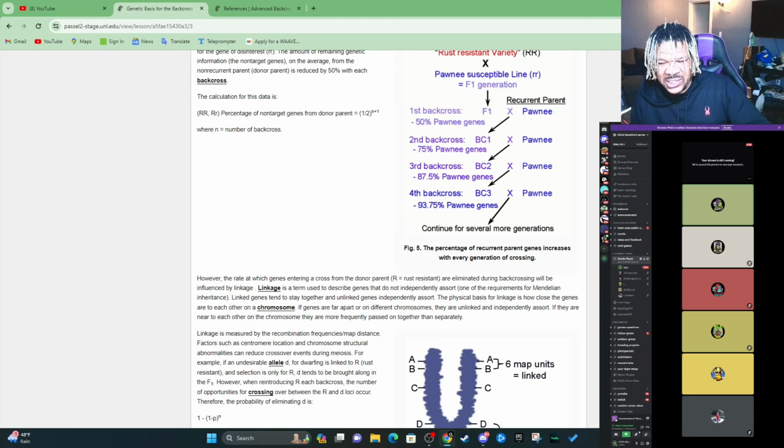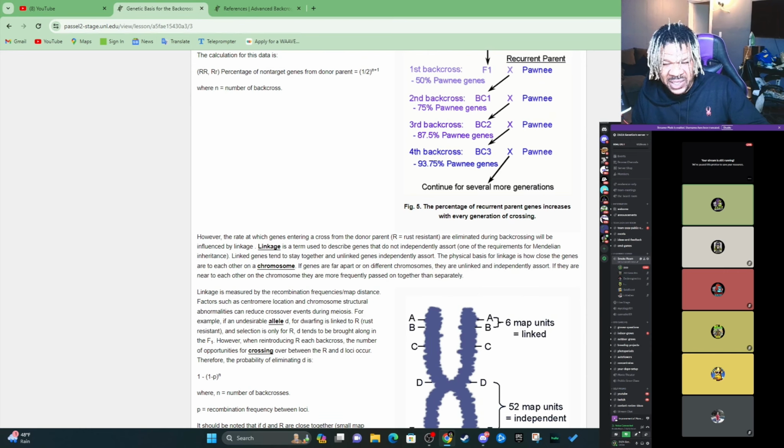The physical basis for linkage is how close the genes are to each other on the chromosome. If genes are far apart or on different chromosomes, they are unlinked and independently assorted. If they are near to each other on the chromosome, they are more frequently passed on together than separately.